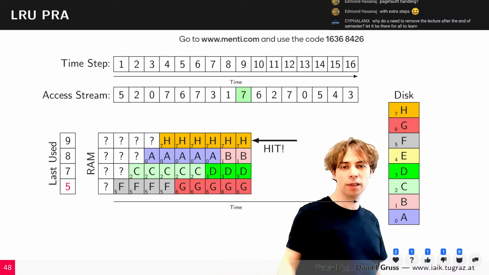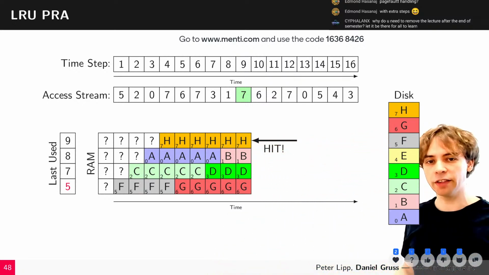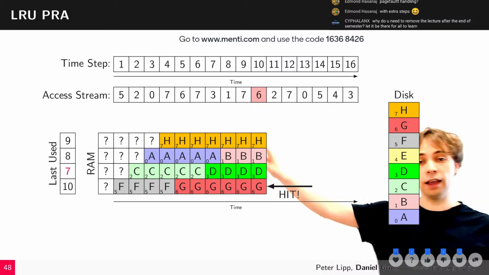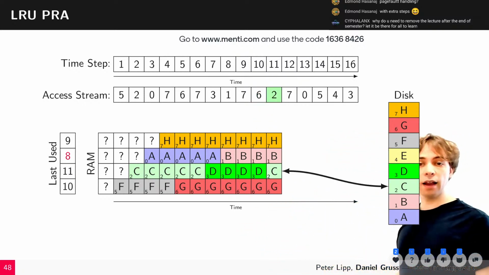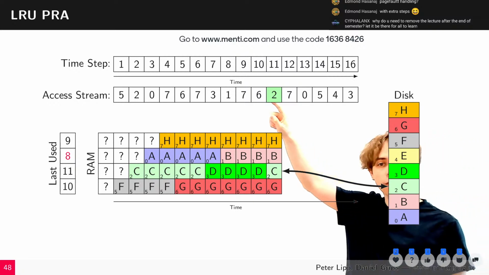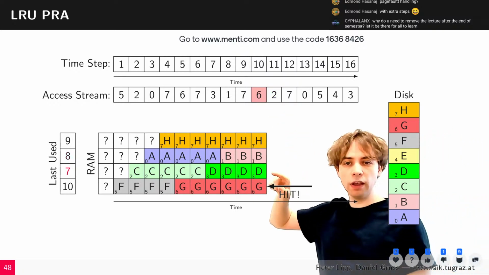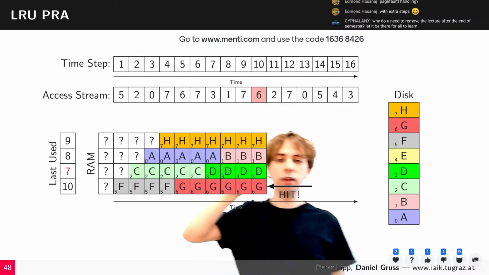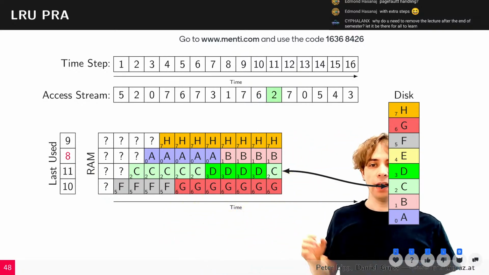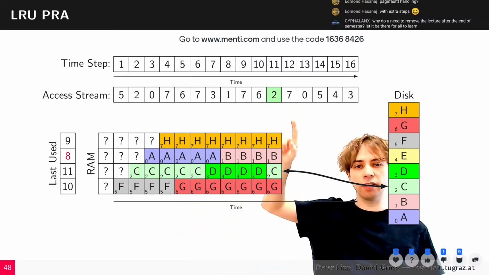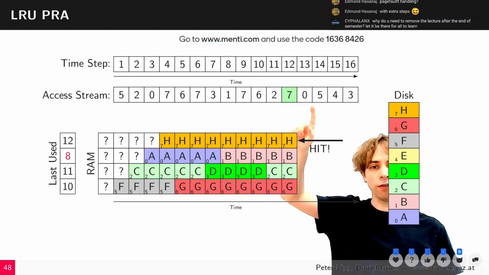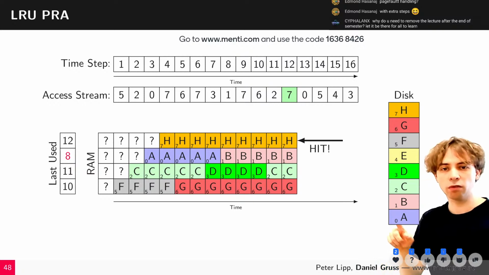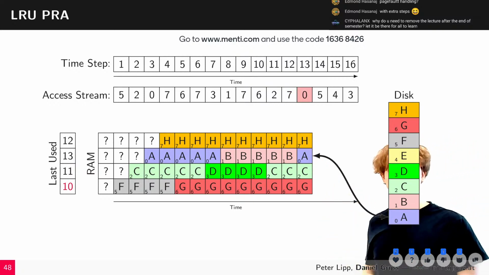Okay, let's see what happens in the next step. We access offset number 6. This is a hit. Okay, very good. Then in the next step, we access offset number 2. And as you have seen, this one was the least recently used one, so it's evicted. In the next step, we access offset number 7. It will be a hit. In the next step, we access offset number 0, so it has to replace this one.